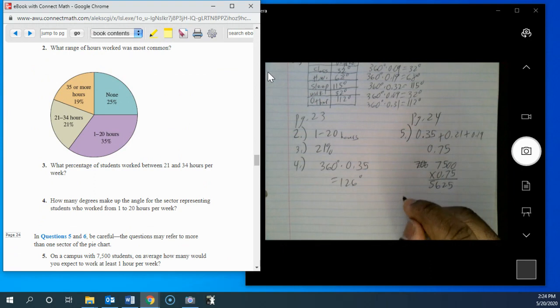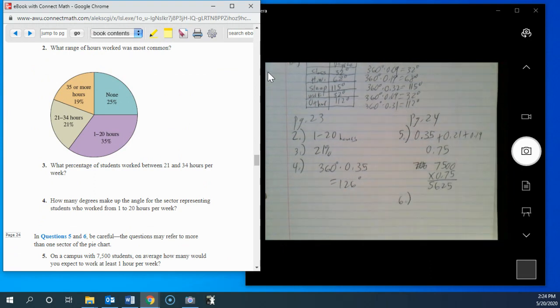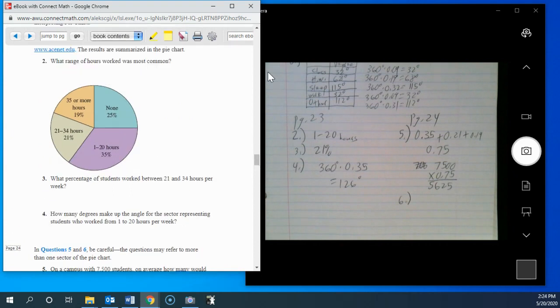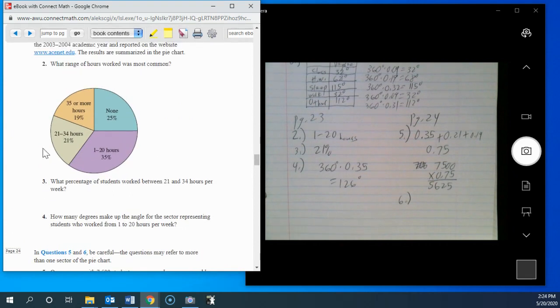Now, number 6, it says on the campus in question 5. Oh, let me scroll down here. On the campus in question 5, how many students would you expect to work less than 21 hours? So when you say less than 21 hours, it's values lower than that.